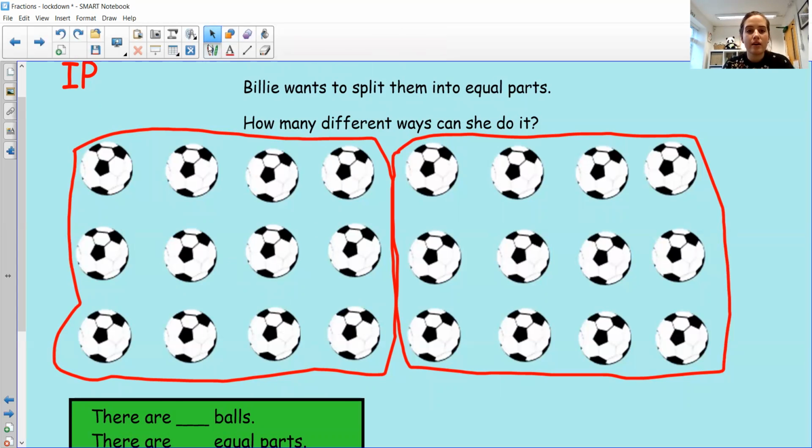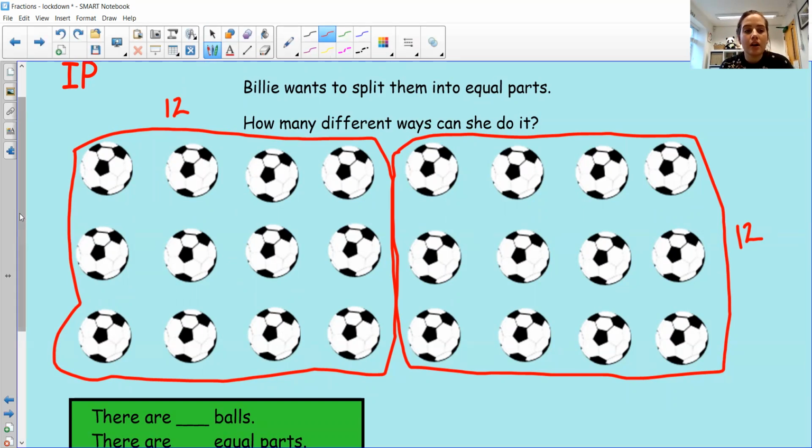So I've got 12 here in this part. And let's look at this one. 3, 6, 9, 12. Aha! They are both equal because I have 12 in one part and 12 in the other.